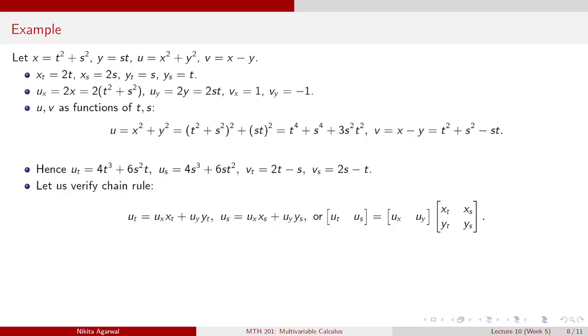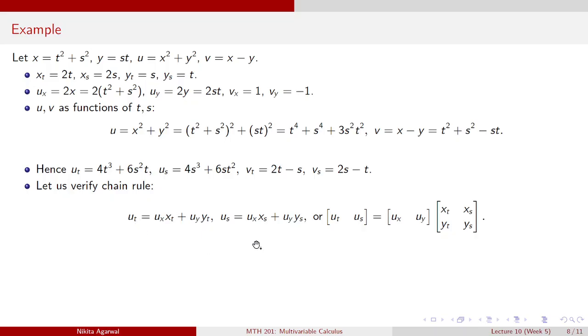Now let us verify chain rule. What does chain rule tell you? It tells you that when you compute the derivative of u with respect to t and s, that is nothing but u with respect to x, u with respect to y, times the derivative matrix of x and y with respect to t and s, right?